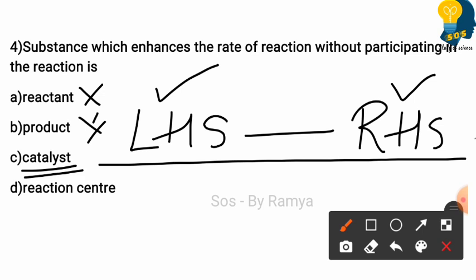Because a catalyst is a substance, and when we add that catalyst to a reaction, it increases the reaction, and it does not get consumed in the process. That is most important. So catalyst is the correct answer. The reaction center is not correct, we cannot take it as the answer. So option C is the correct answer.